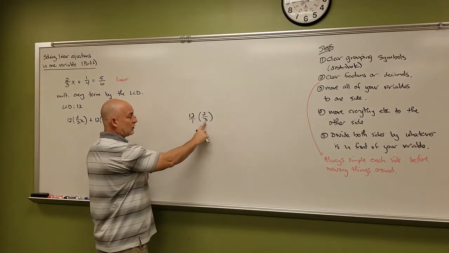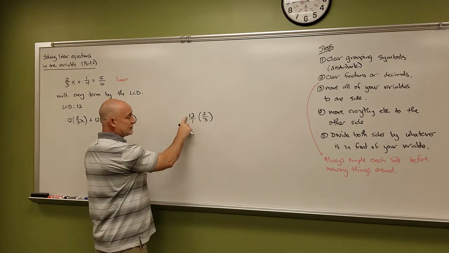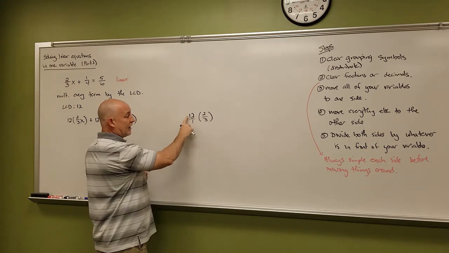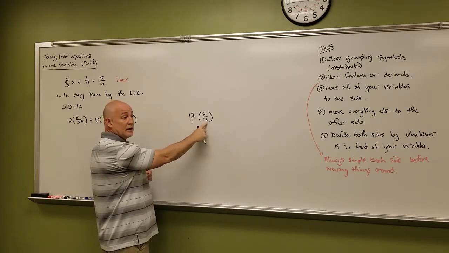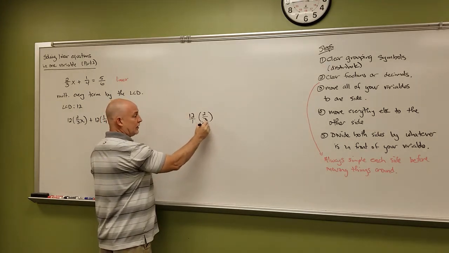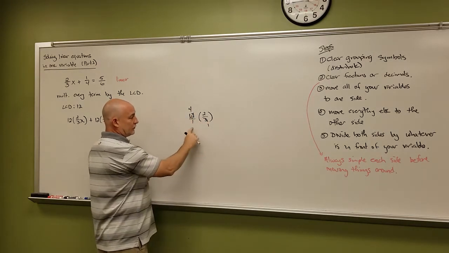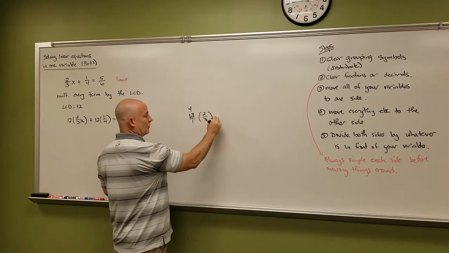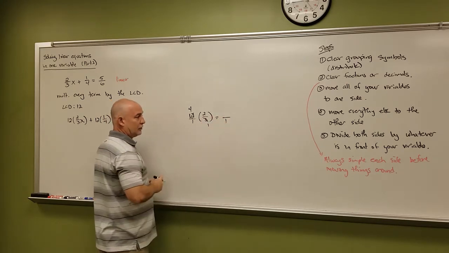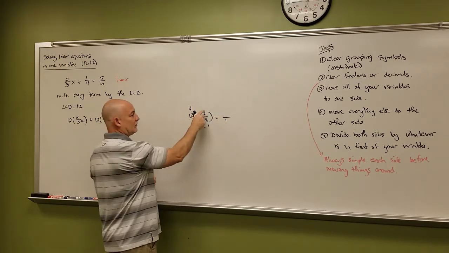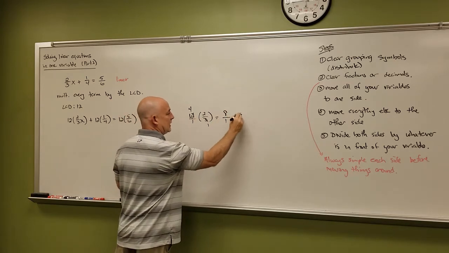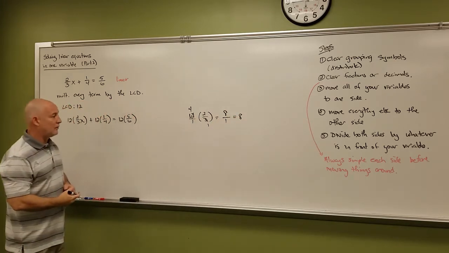The reason that this works so well is since this is the least common denominator, by definition it has to go into it evenly, which means 3 goes into 3 once, goes into 12 4 times. Now notice on the bottom we have a 1 times 1, or just a 1, which we don't need to write. And on the top we have a 4 times 2, which is 8. So you see that's going to get rid of our fractions.